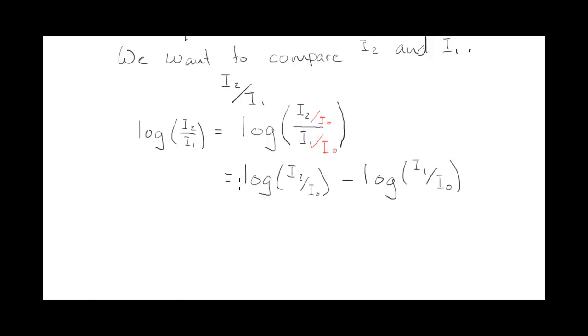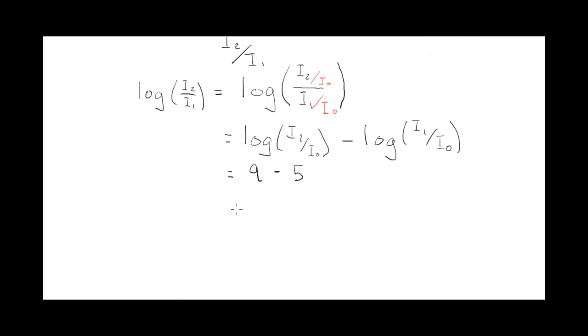But remember, this here, I2 over I0, is the Richter scale measurement of the second earthquake, which was 9, minus the Richter scale measurement of the first earthquake, which was 5. So that's equal to 4. So log of I2 divided by I1 is equal to 4.